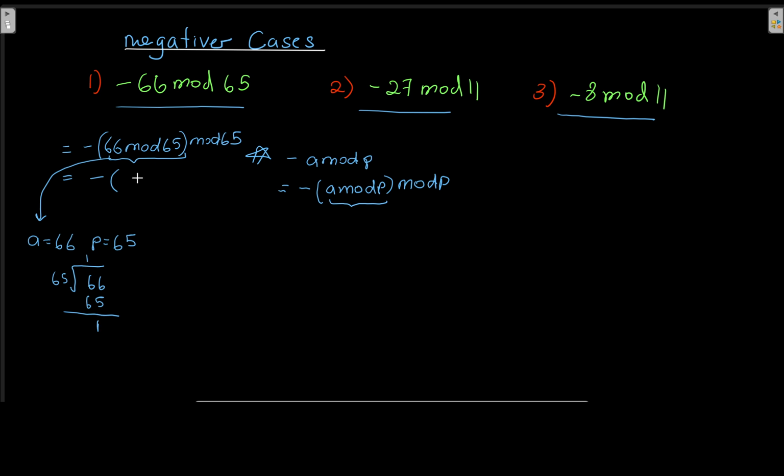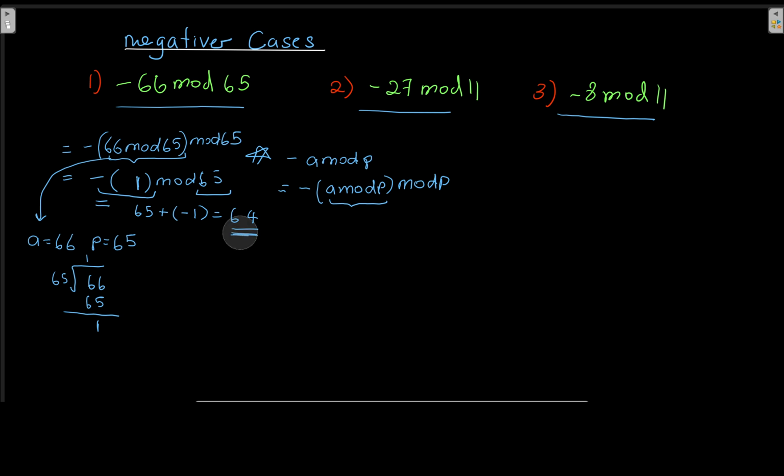So we can write the answer as 1, and then mod 65. Finally, you add this value with the P value, which is 65 plus minus 1, which is simply 64. This is the final answer.